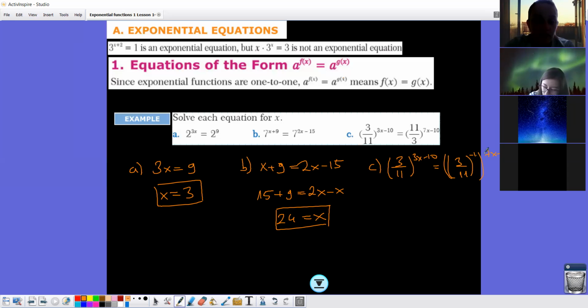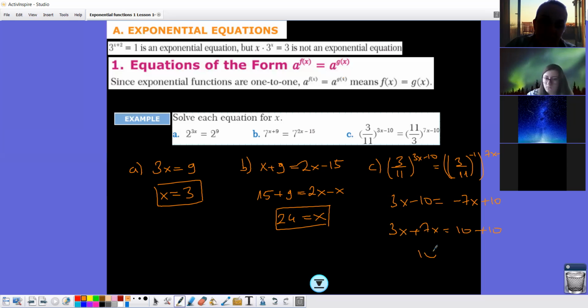I need to multiply with minus, so I will have 3x minus 10 is equal to minus 7x plus 10, okay? Because you're multiplying both of them with minus. Now unknowns in one side, knowns in the other side. 3x plus 7x is equal to 10 plus 10. Then 10x is equal to 20, x is equal to 2. Is it okay? Did you understand?